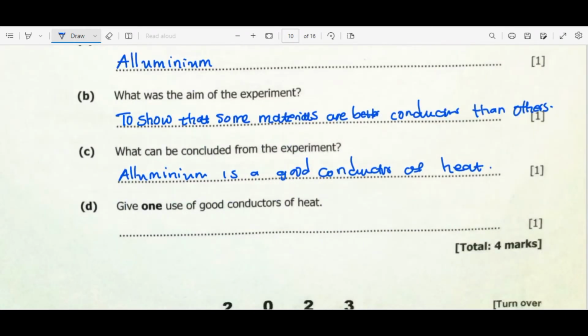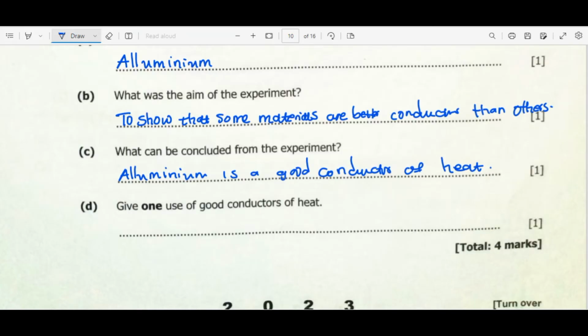Then if you look at question D, give one use of good conductors of heat. For example, if you look at cooking utensils like pots in a kitchen, why are most of them made from aluminium? It's because aluminium is a good conductor of heat, so it's easy to conduct heat from the heat source into the things that are being cooked.